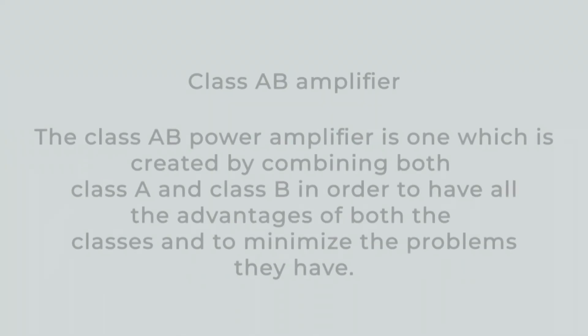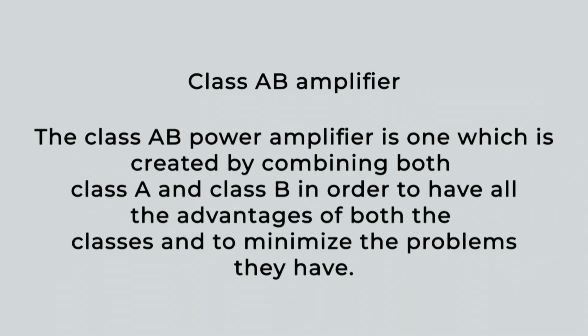Then class AB amplifier. The class AB power amplifier is one which is created by combining both class A and class B in order to have all the advantages of both the classes and to minimize the problems they have.